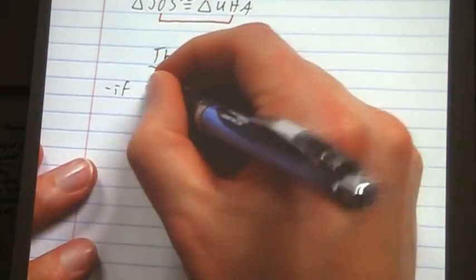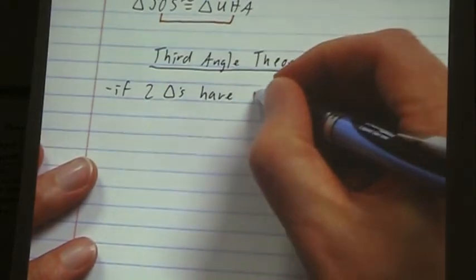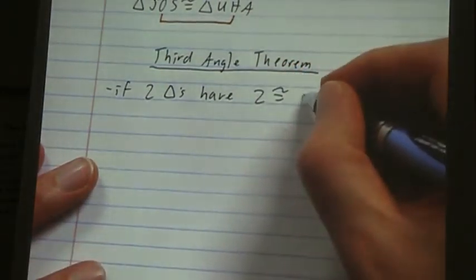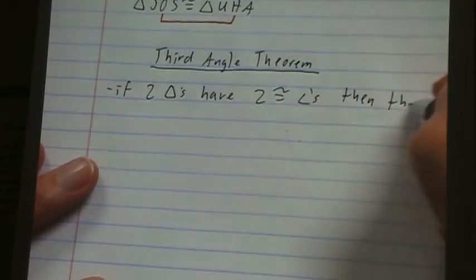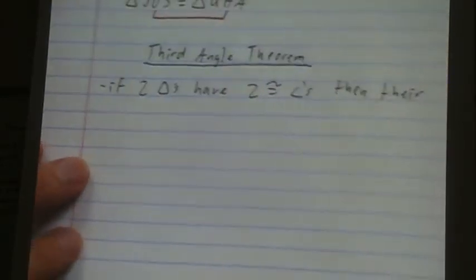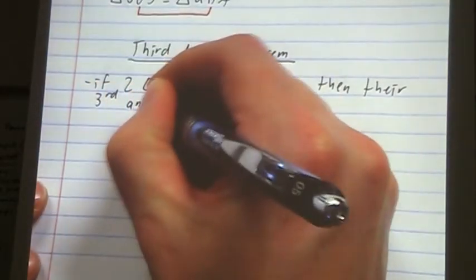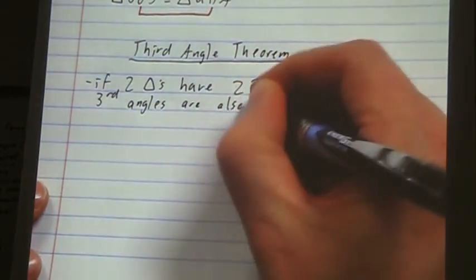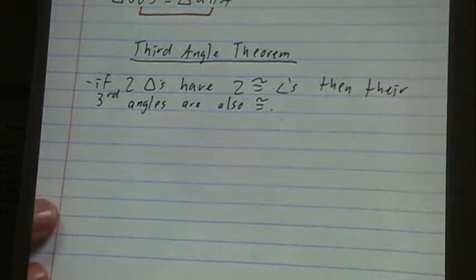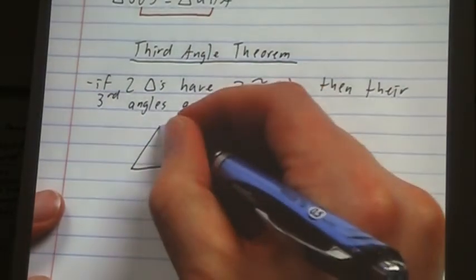What this says is if two triangles have two congruent angles, then their third angles are also congruent. I'll show you what I mean here.